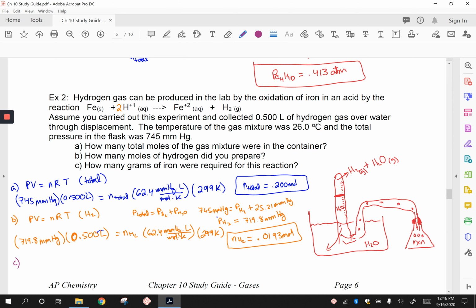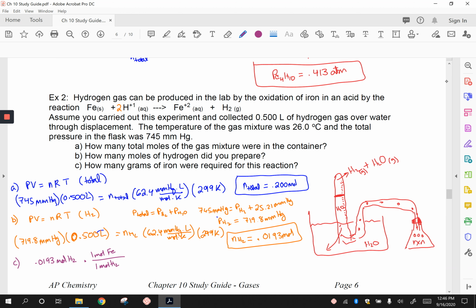So let's do part C. We produced 0.0193 moles of hydrogen. We can use our molar ratio to get moles of iron, so 1 mole of H2 for every 1 mole of Fe.